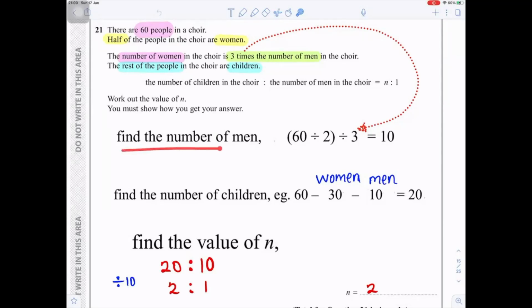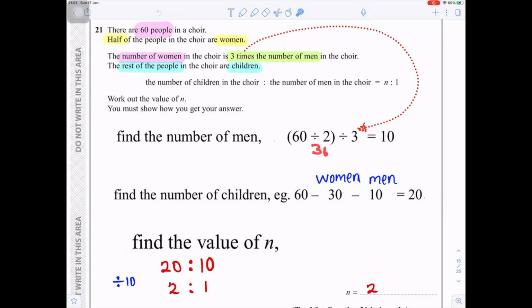We want to find the number of men. So there are 60 people. Since half of the people are women, we do 60 divided by 2, it gives you 30. So 30 would be men and children. But it says the number of women is 3 times the number of men.